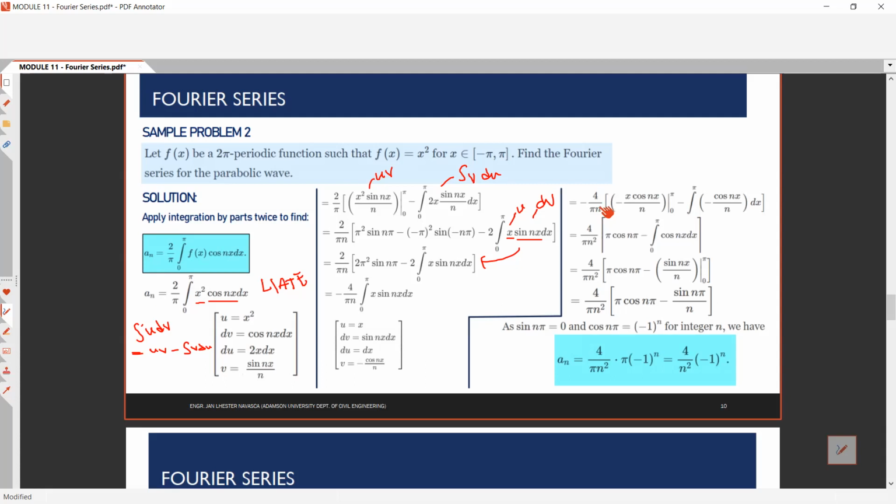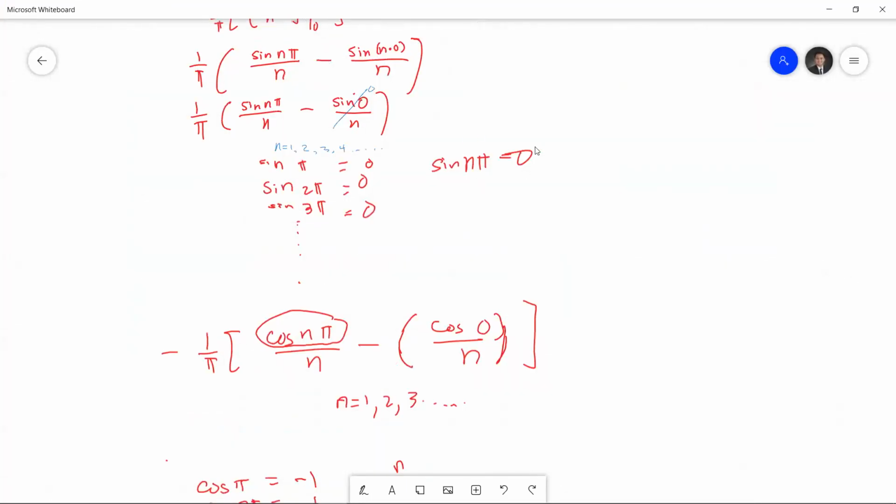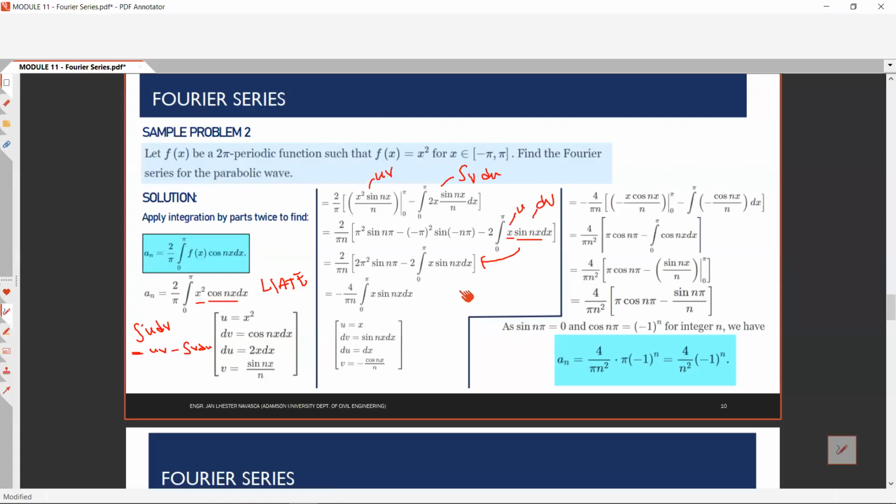So this term disappeared. Why did it disappear? As I said earlier, sine of n pi is always 0. That is why this term will be cancelled.